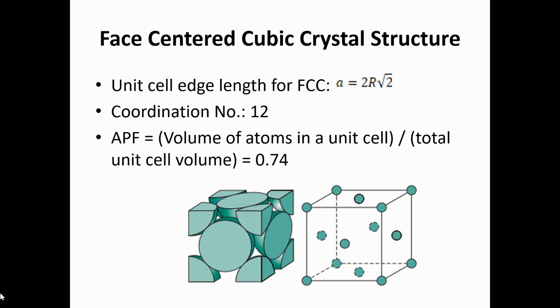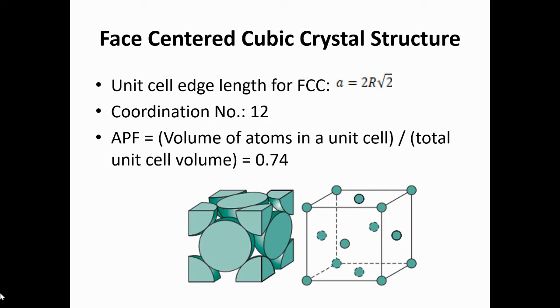Therefore, 1/8 of each of the 8 corner atoms and 1/2 of each of the 6 face atoms, or a total of 4 whole atoms, is assigned to a given unit cell.